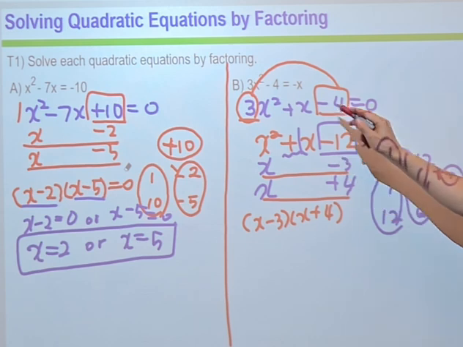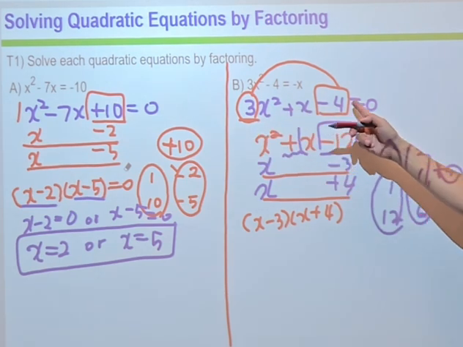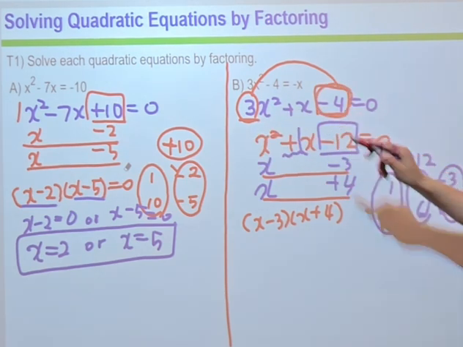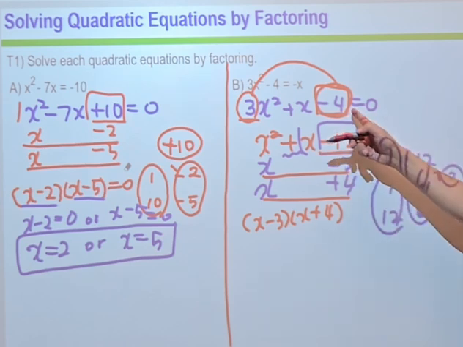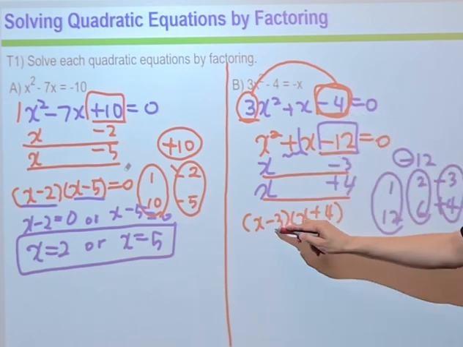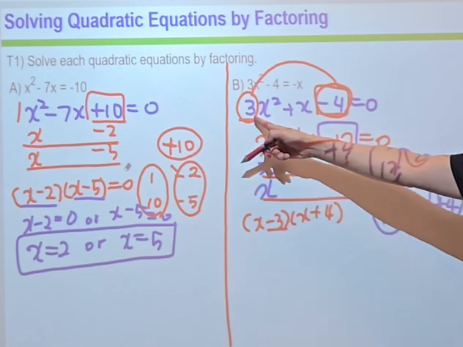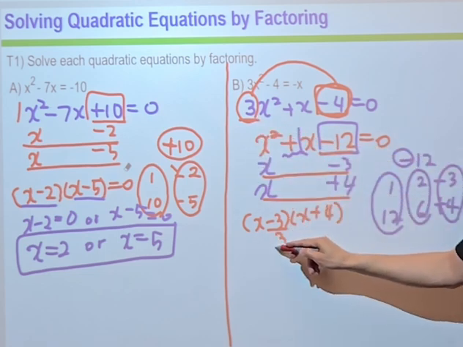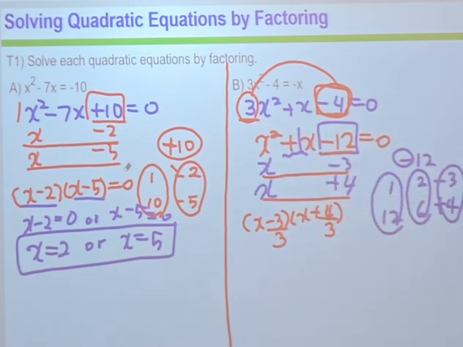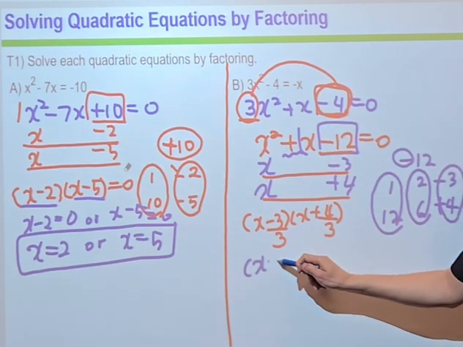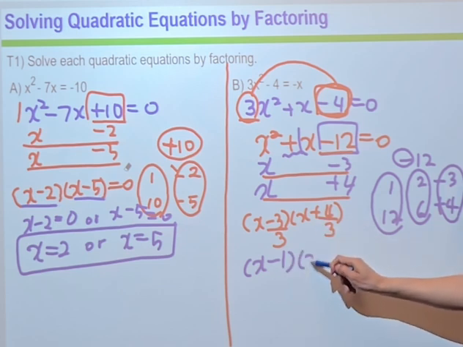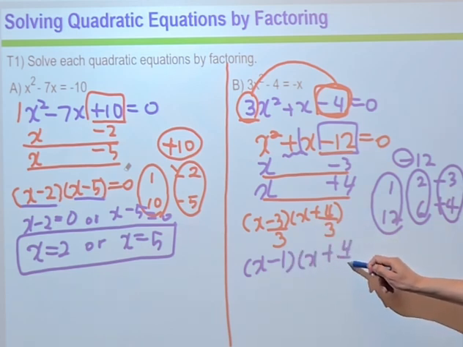Now, because we multiplied 3 by negative 4 to make negative 12, this time we divide the constants by the number we multiplied, which is 3. So 3 here, 3 here, right? If we divide by 3, then 3 divided by 3 is 1, so this is x minus 1, and this is x plus 4 over 3.